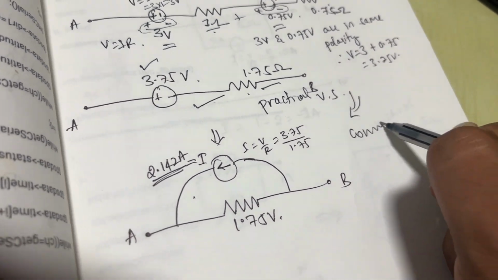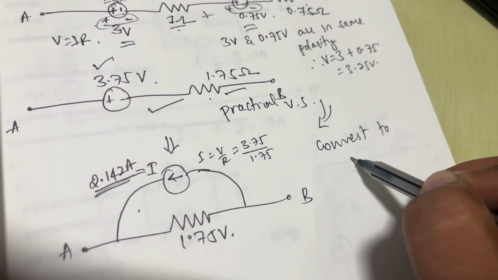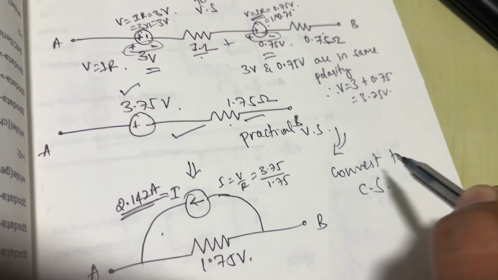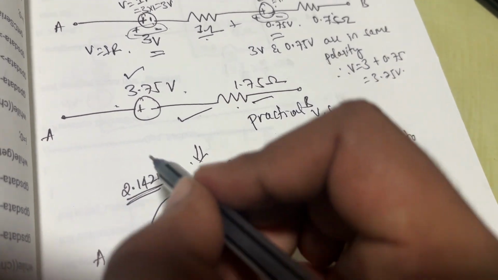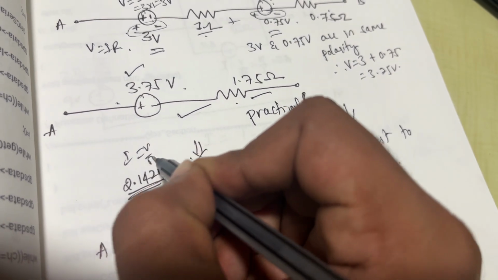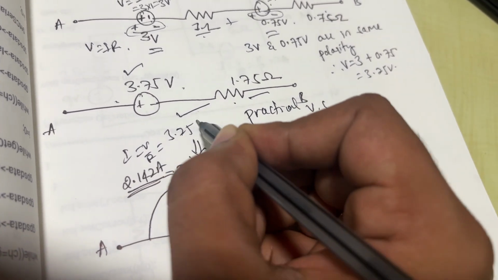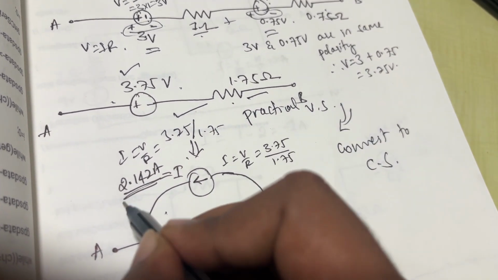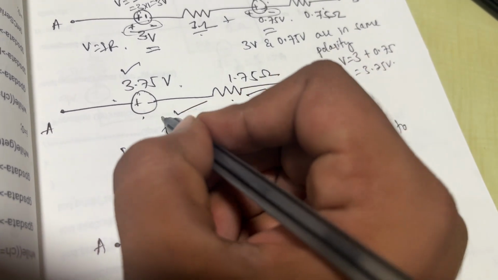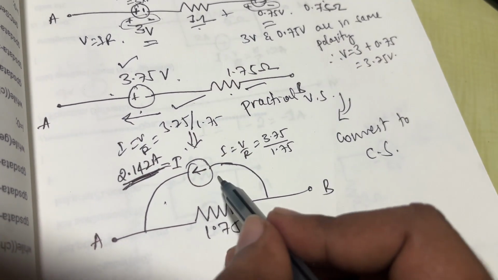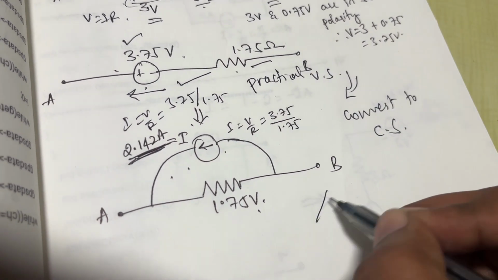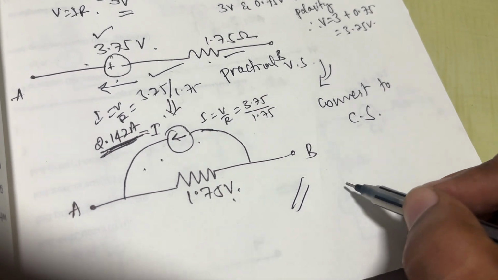So I is given by V by R. V is 3.75 volts and R is 1.75 ohms. We can get 2.142 amperes with the direction B to A. You can observe. Similarly, 1.75 ohms will be in parallel.